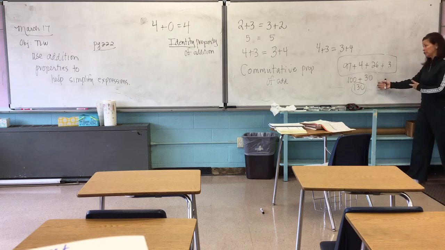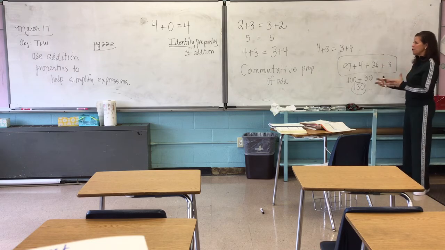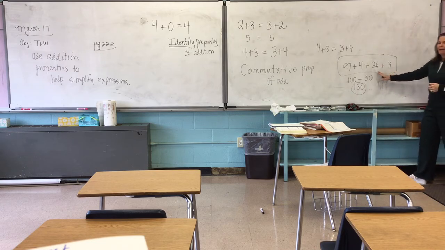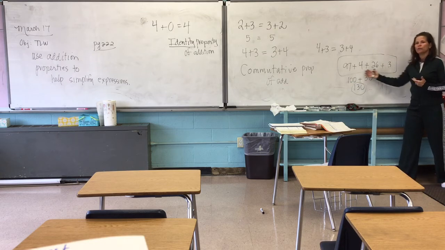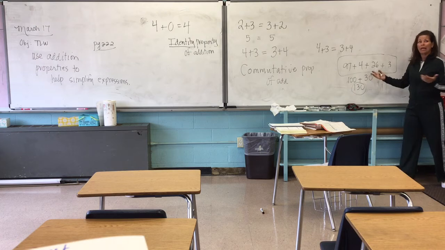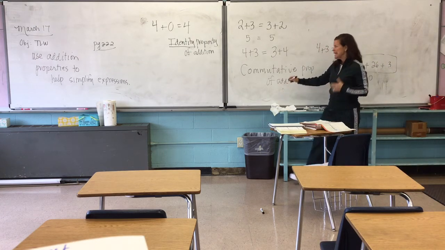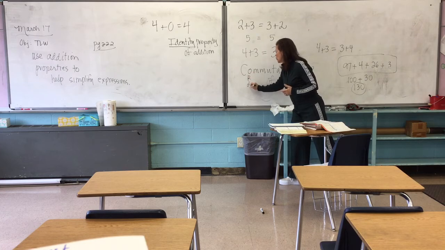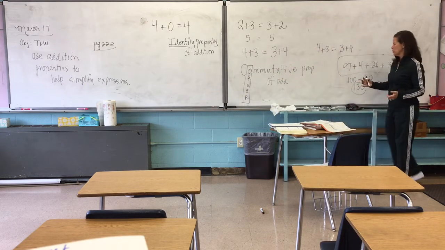It sure did make mine easier because I like to look for hundreds and tens and 30s, numbers which are easier to add together versus just moving left to right without asking, do I have a choice here? Can I move these numbers around? And you do. The commutative property of addition says you can change the order in which you add numbers.